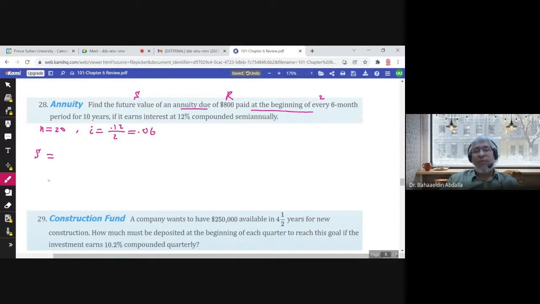S due in this case would be 800 times 1 plus I to the power 20 minus 1 over I. And because it is an annuity due, we need to multiply by 1.06 or 1 plus I. And if you use the calculator, the answer would be 331,194.18. So this would be the future value of this annuity.